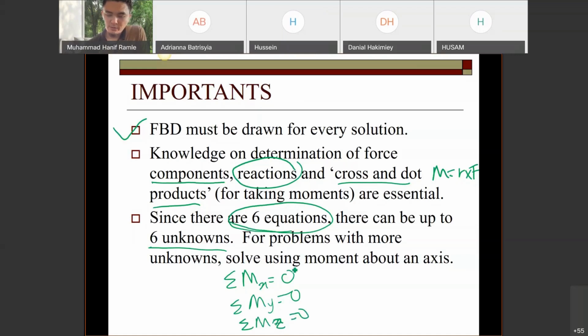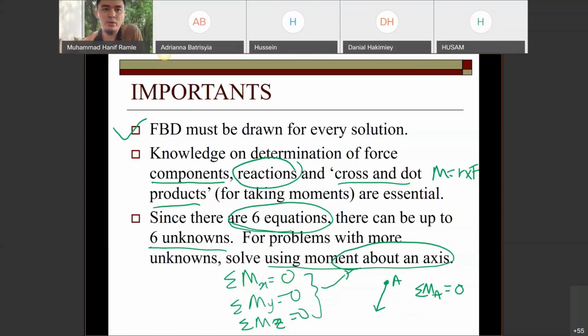You can solve it about this axis. Another way is to solve the moment about a point. Let's say, I make it simplified like this. For example, you can choose a moment about a point like this. It depends on the situation. We will go through the exercise, the example, maybe in the next class.